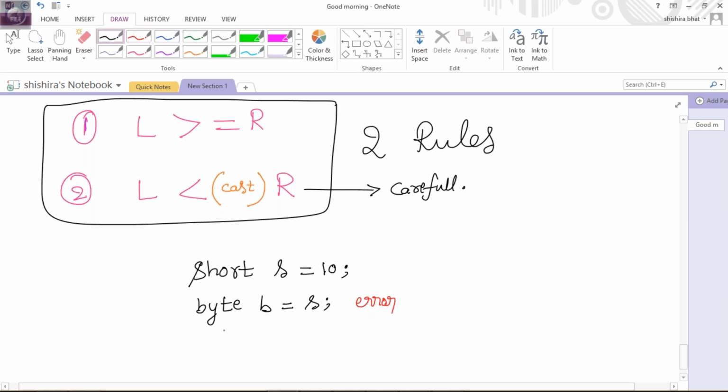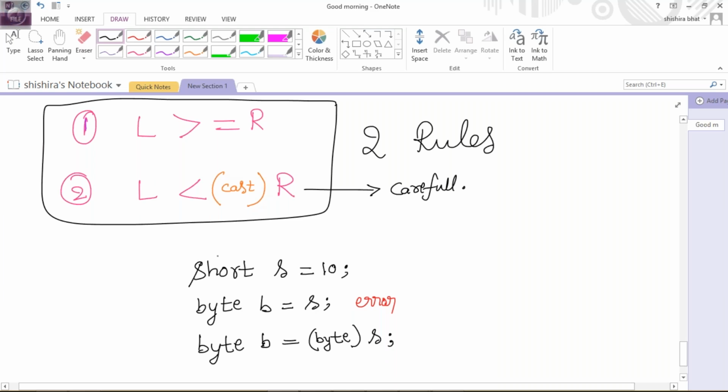Hence, what you are supposed to do is assign like this: byte b equal to byte of s. What is the meaning of it? This is called casting.